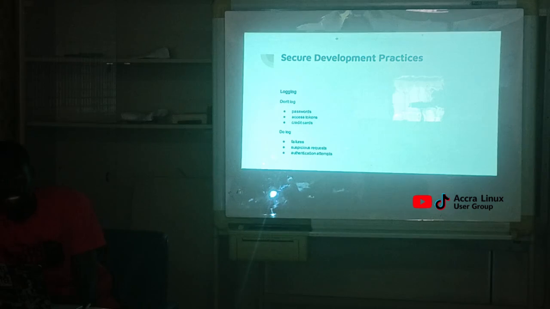And the reason why there is credit card fraud is that the credit cards are logged. When you buy something from some sites, they don't just throw away the credit card number that you use for the purchase, they keep it. And so when they are compromised in the future, all of a sudden your data is with some people. So that's what we mean when we say there are certain things that you should not log.